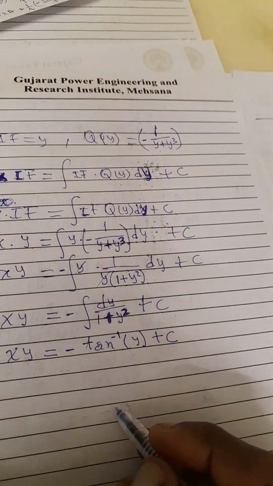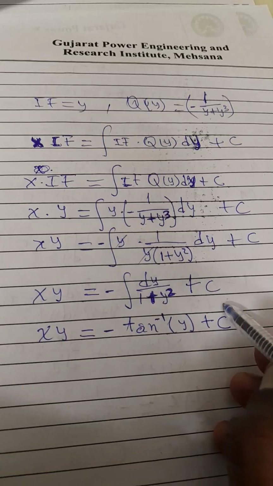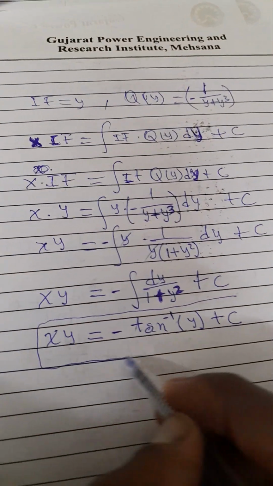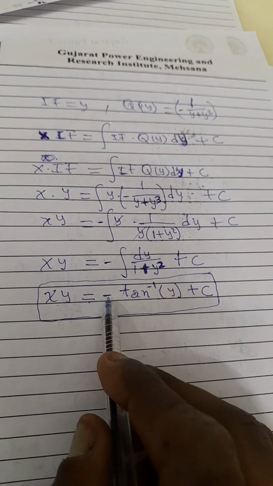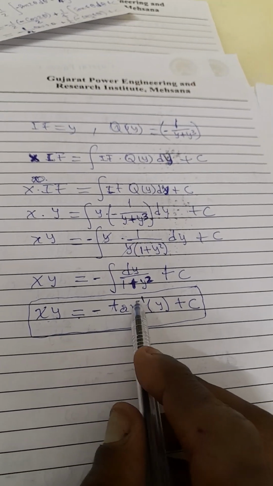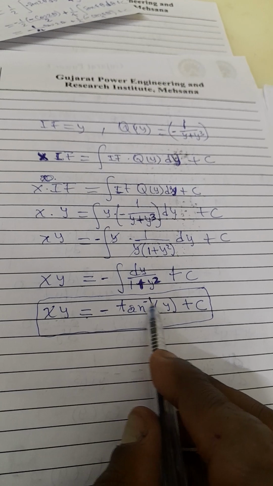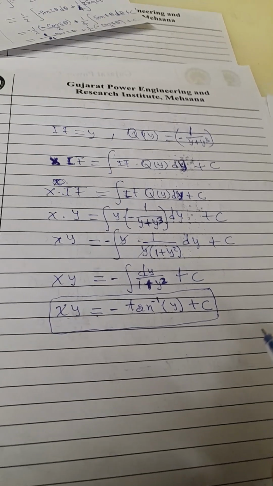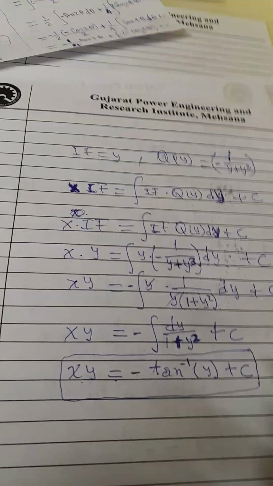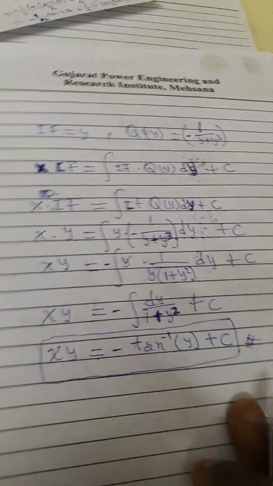And this will be our solution: x times y is equal to minus tan inverse of y plus c. Hope you enjoyed.